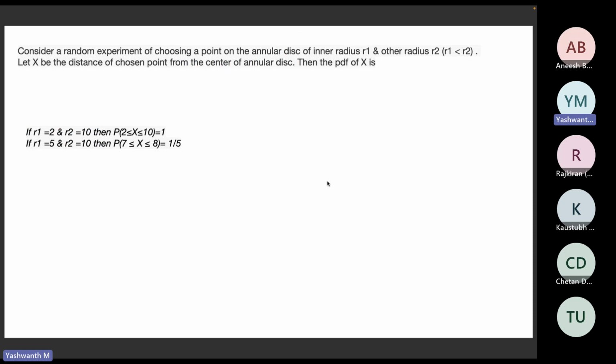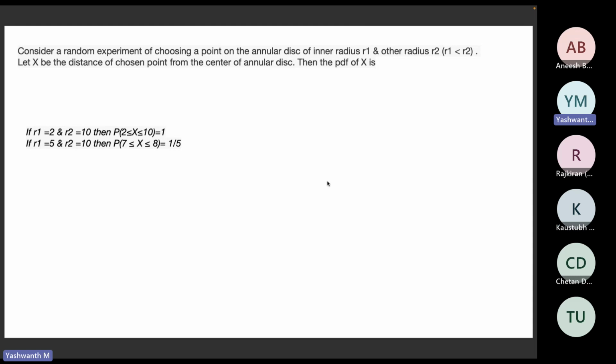I think this is the last question. Consider a random experiment of choosing a point on an annular disk. Annular disk is the region between two circles of radius r1 and radius r2, right? r1 is less than r2, and X is the distance of the point from the center of the annular disk.